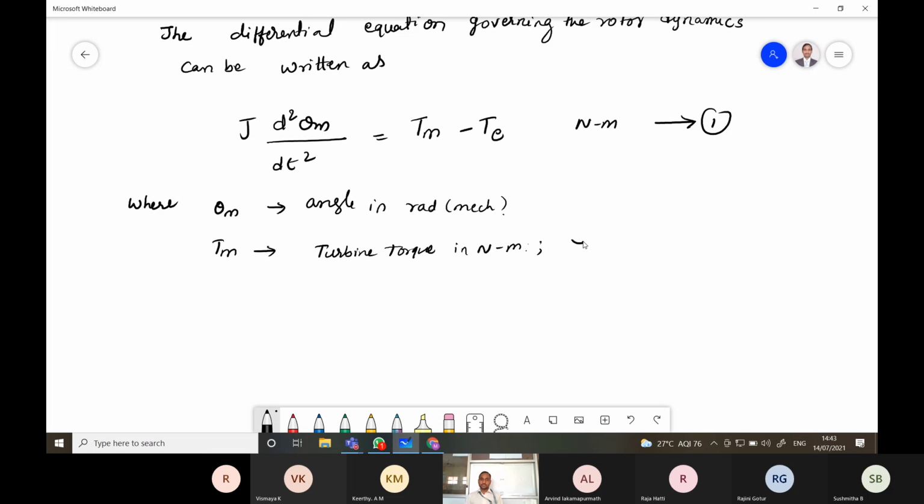We consider it negative for a motoring machine: if the machine is a motor, we consider a negative value for motor action.